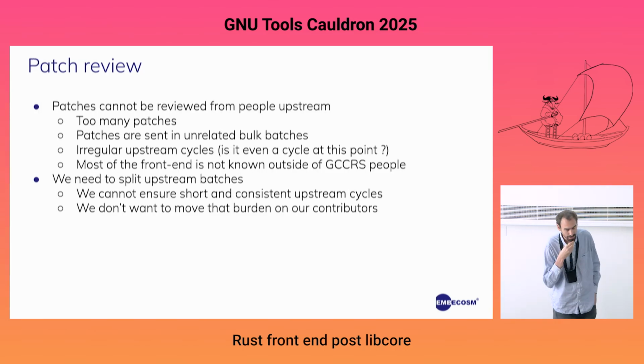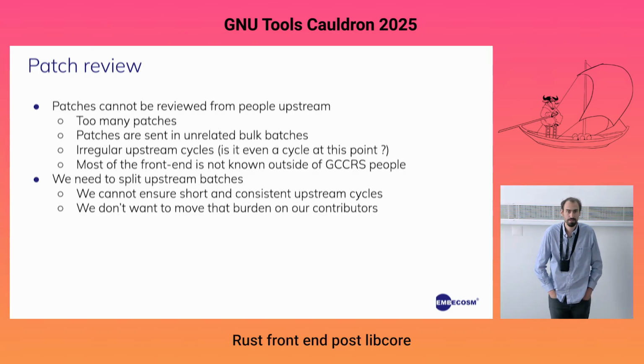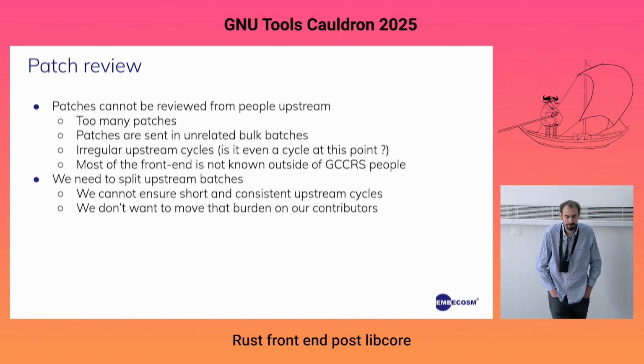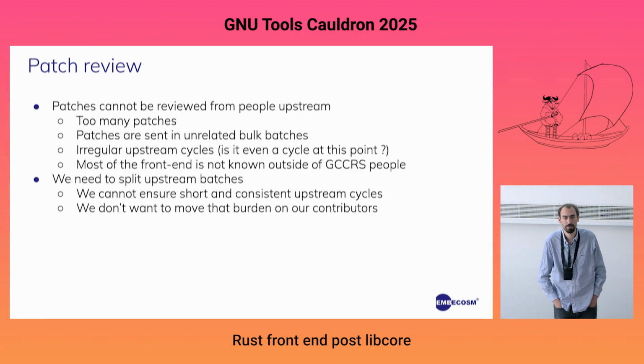So, another point. When you've got two repositories, I mean GCC upstream and some GitHub downstream, there's a third point that matters: patch review. Basically, you need to send some patches for review before pushing some changes.